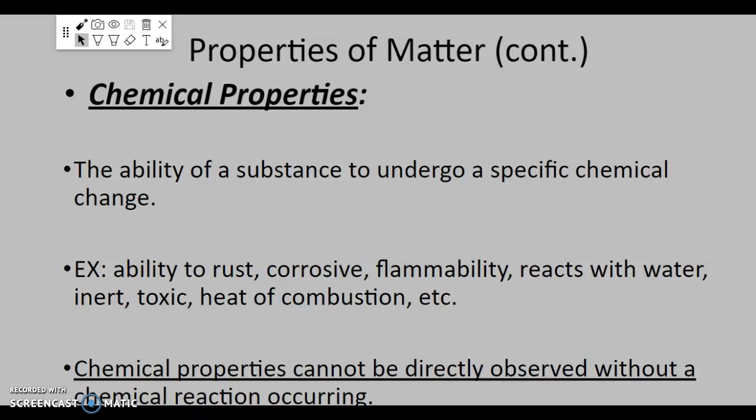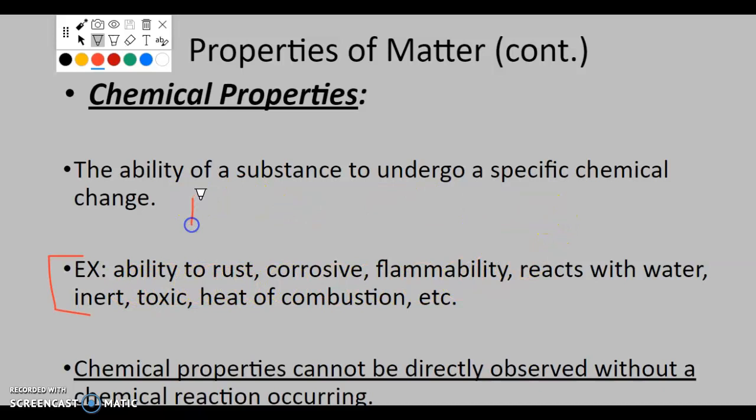A chemical property is a property that cannot be observed without actually changing the substance. So there's no way for you to just observe chemical properties unless you're actually putting them through a change. So these are some of the few examples that I could come up with of chemical properties. They all involve a change in composition.